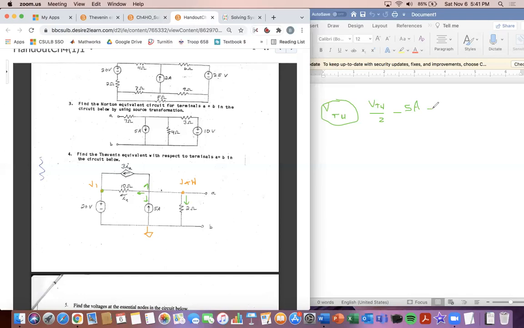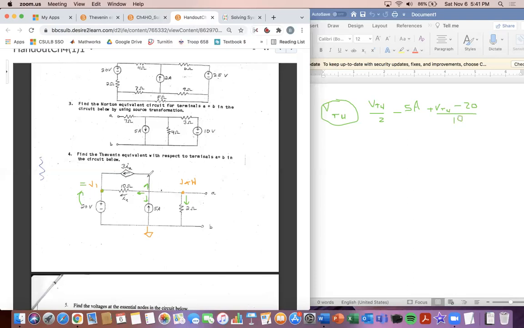And so plus V Thev minus, and then we know V1 is at a potential of 20 volts, like I told you guys. So we can just substitute in here 20 volts for V1. So I'm just going to say, when we write it, V Thev minus 20 over, and then that resistor value is 10.